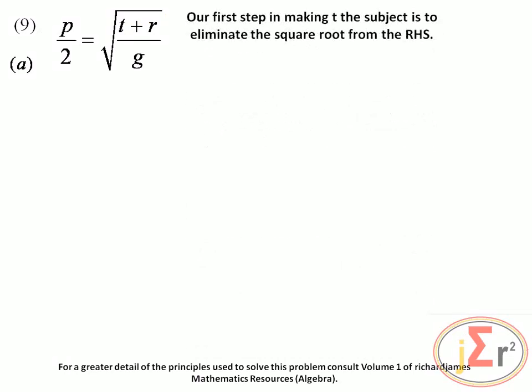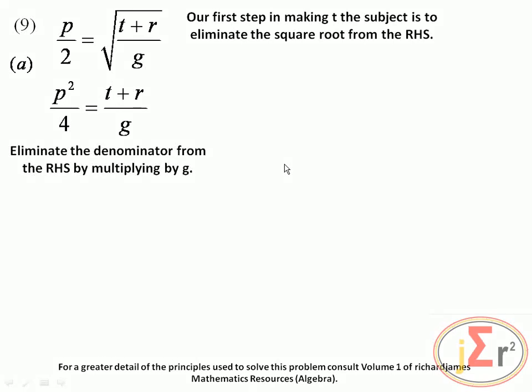Our first step in making t the subject of the formula is to eliminate the square root from the right hand side, and that is done by squaring both sides, in which event we realize that the square root will be eliminated from the right hand side, and we will find the square of each term on the left hand side. So the square root is eliminated, we have p squared, and the square of 2 we get 4.